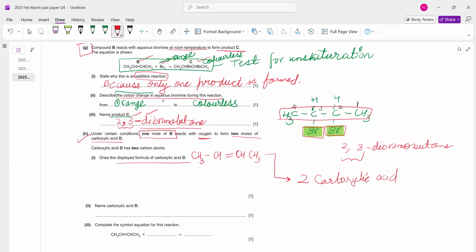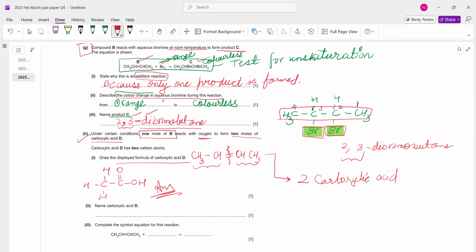So it means that the bond is breaking from here and we are getting the same carboxylic acid twice. The carboxylic acid with 2 carbons is ethanoic acid, and this is its displayed formula. So this is our answer.